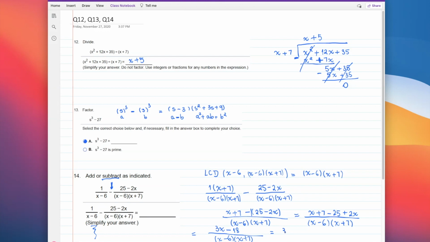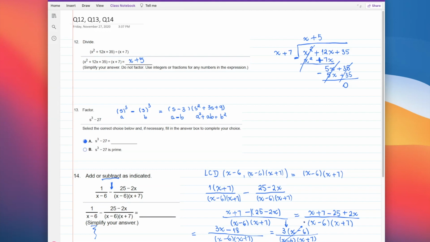And then I factor out 3, and I'm left with x on the first term and -6 on the second term. And then the denominator is the same. x minus 6, x plus 7. I pay attention that now here's multiplying and here's multiplying. If I find the same things on the numerator that is on the denominator, I can divide one by the other and make 1.